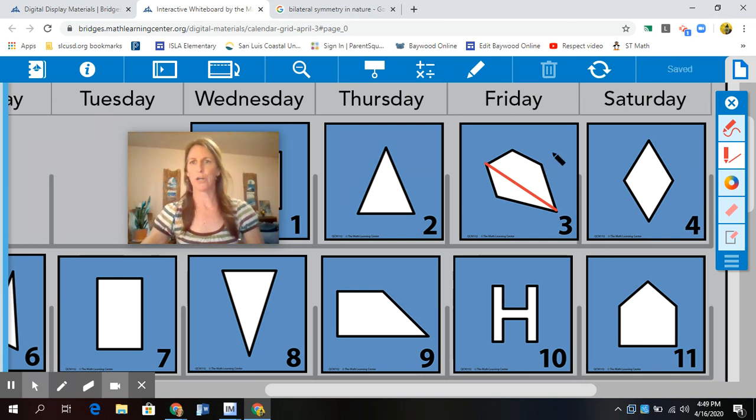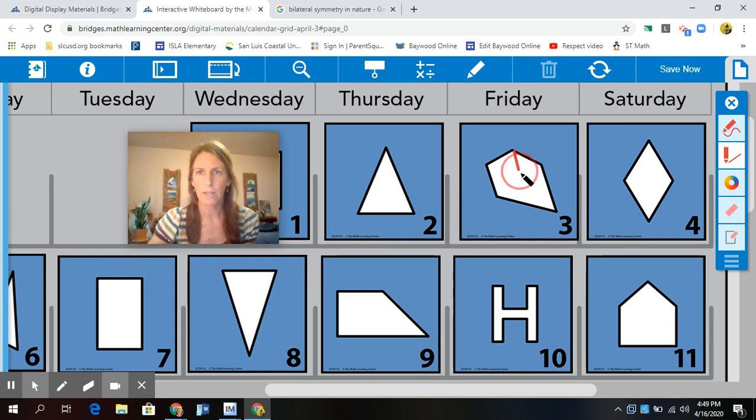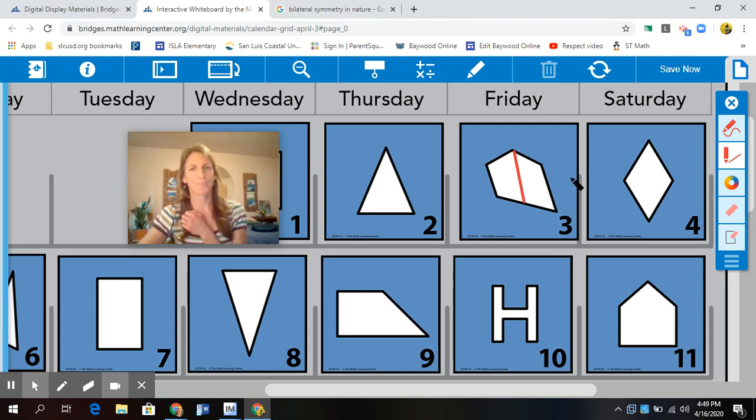Thumbs down. No, that doesn't work. But we might be able to draw a line. What if I did it from this part here to there? Oh, no, okay. What if I did it from here to there?